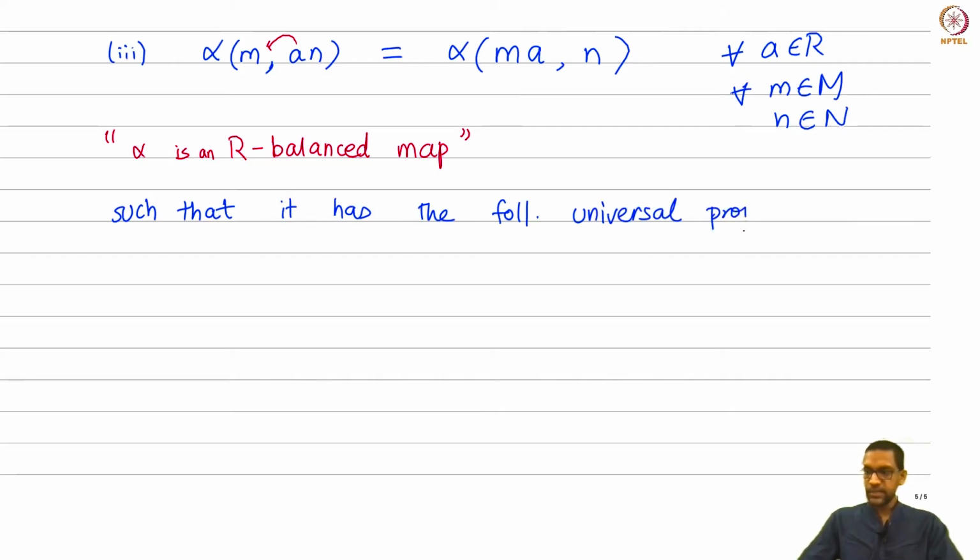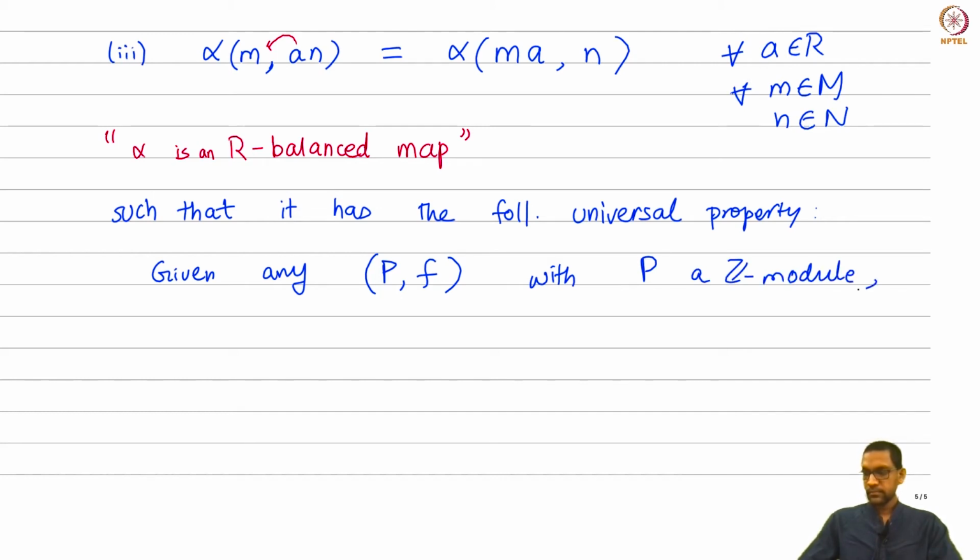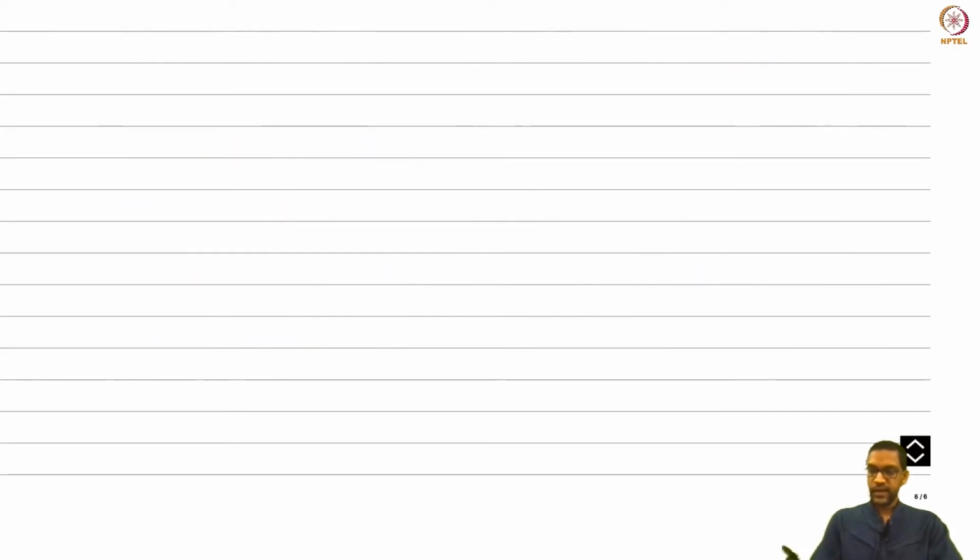It says that given any such pair P comma F, okay, with satisfying the same three properties, P a Z module, F an R balanced map, then there exists, so let's draw the diagram now, then there exists a unique map. So how does the diagram go?